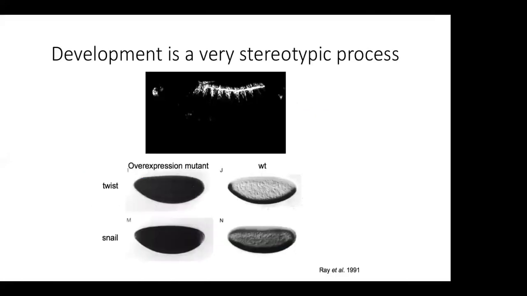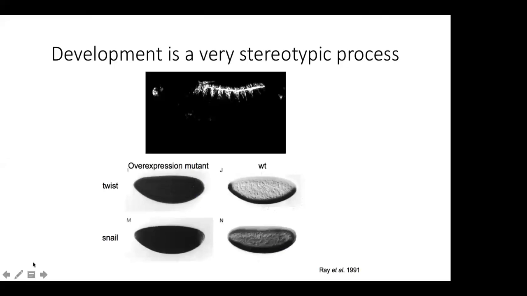Now, developmental biologists believe that embryo development is very, very stereotyped, so that if you change the level of gene expression of crucial genes, then you have a mutant phenotype.